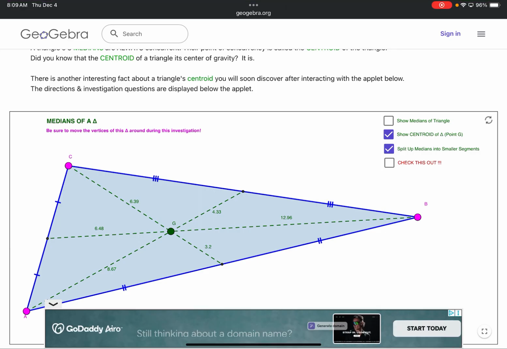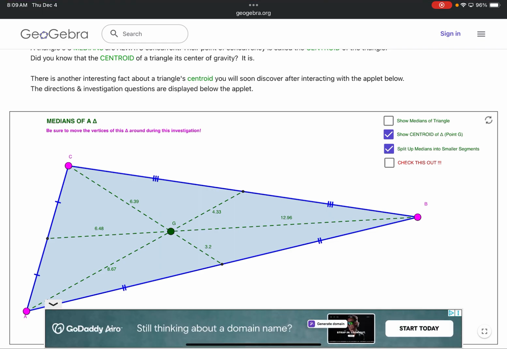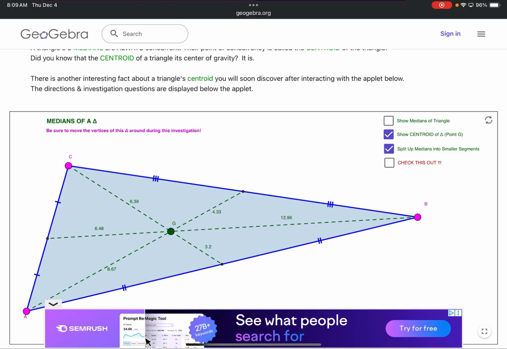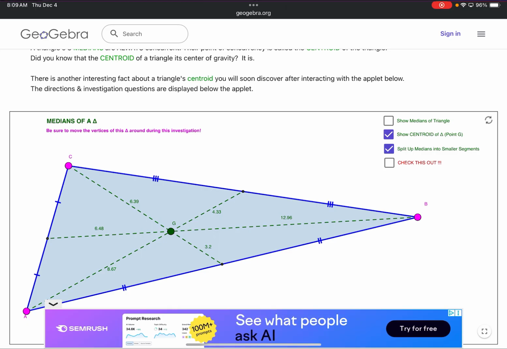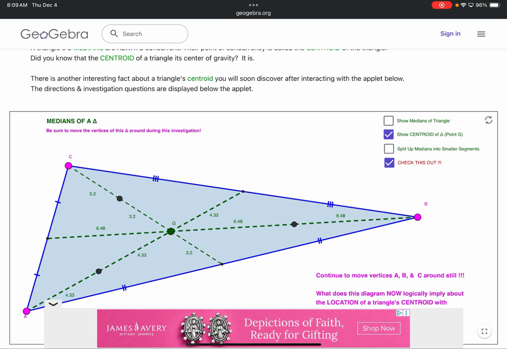Okay? Let's see if it works for the other medians. If I look at this one, this is, I don't know, about 6.5 and about 13, if we're not dealing with the decimals. That's half. This piece from the midpoint to the centroid is half of the centroid to the vertex. Okay, Bella? Yeah.